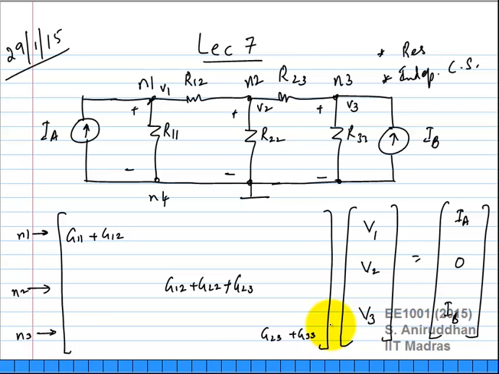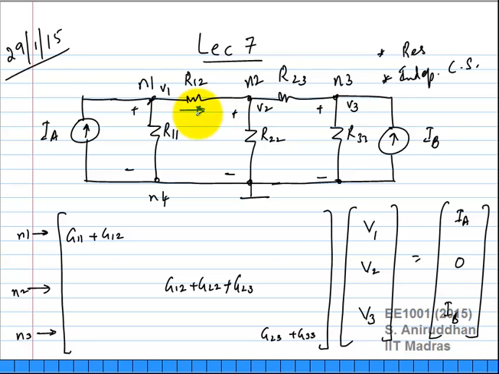Okay, what is the row 1 column 2 term? What does that correspond to? It corresponds to the term which is going to multiply V2, okay, for the KCL at node 1. So that should depend on the resistance or the conductance connected between nodes 1 and 2. Okay, but in this case, if you had written the KCL equation for all currents leaving the node, the current direction of choice would have been in this direction.